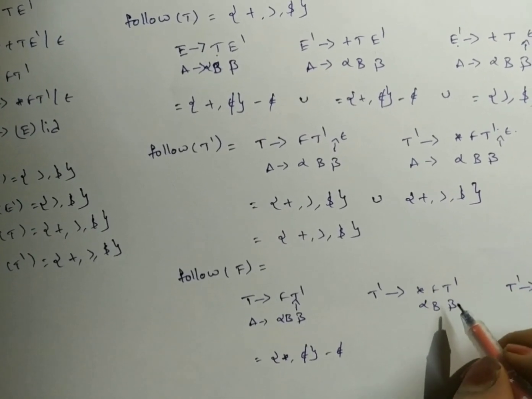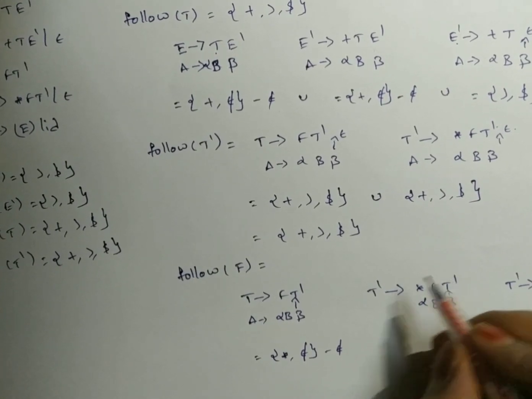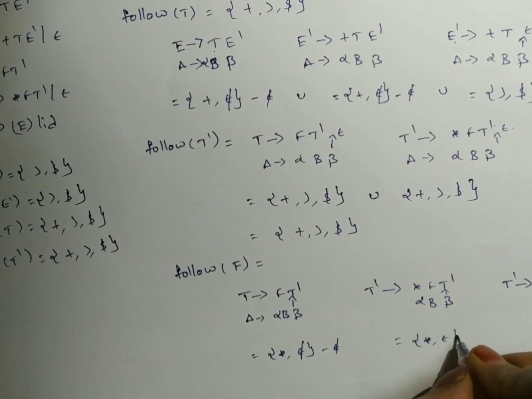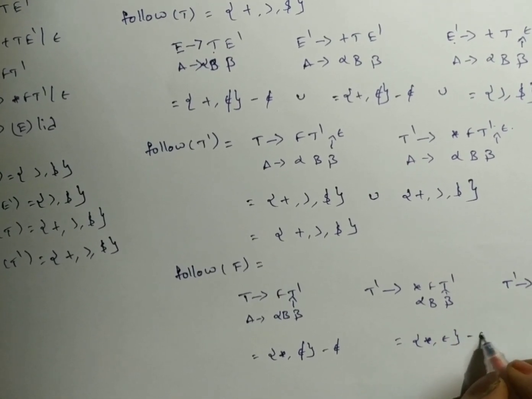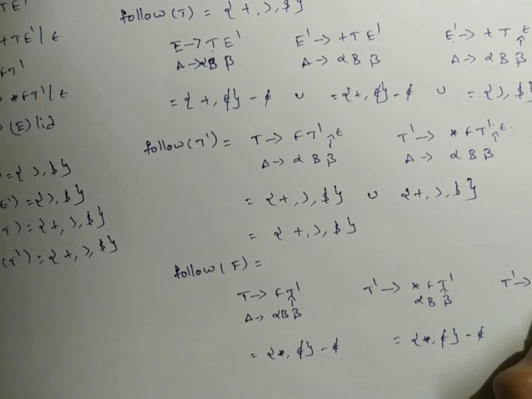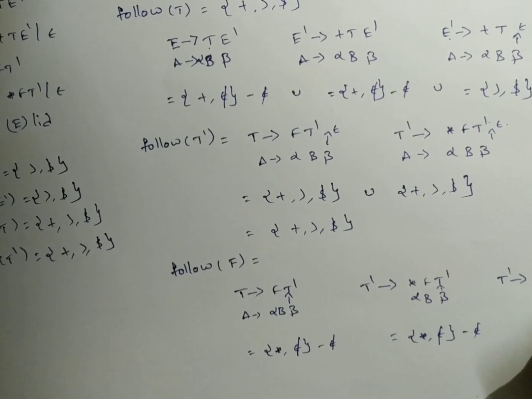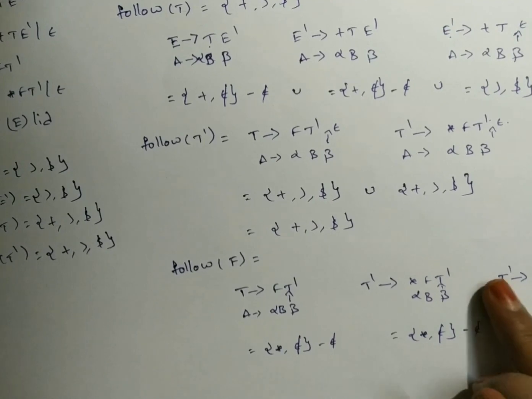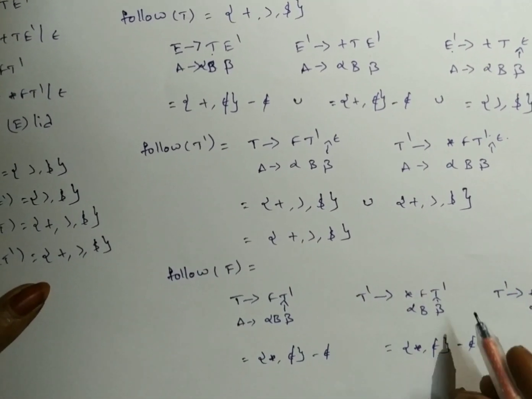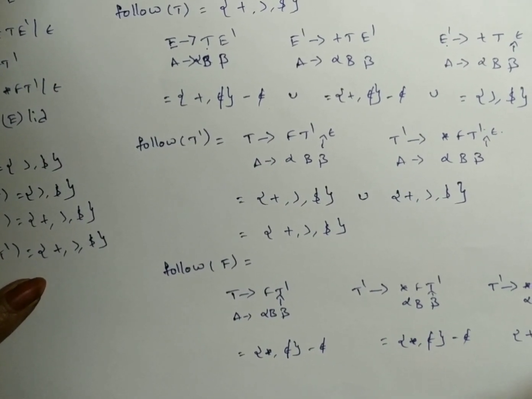Okay, here in the beta position we are having t dash, so first of t dash will be the follow of t dash. First of t dash is again star epsilon, I am cancelling the epsilon here. And if we consider this statement alpha b beta, okay, here beta is epsilon. In this case the follow of t dash will be the follow of f. Follow of t dash is plus closed brace dollar.